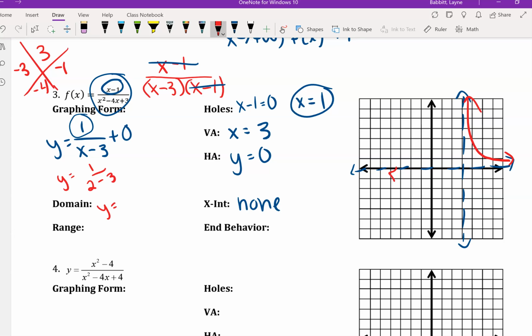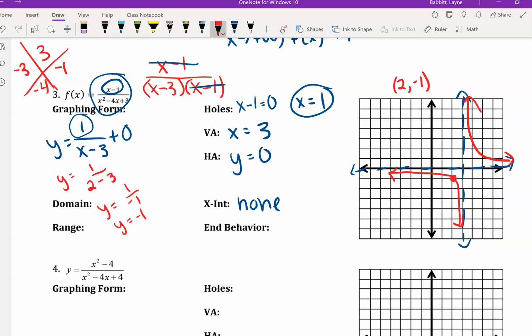So y equals 1 over negative 1, which is going to be y equals negative 1. So that means that our function contains the point 2, comma, negative 1. That will just give me an idea of where the curve is. So it's going to be fairly close.